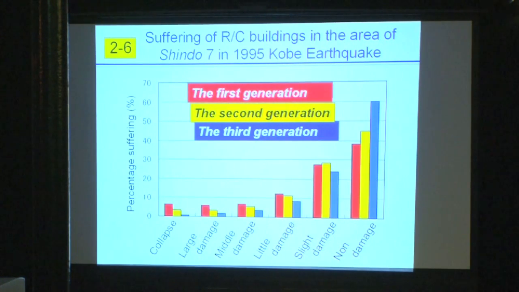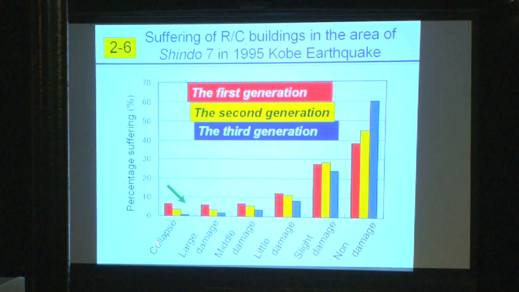However, the share in the third generation, colored in blue, was very small in collapse, also in large damage. On the other hand, the percentage of non-damaged buildings increased from 40% in the first generation to 60% in the third generation.